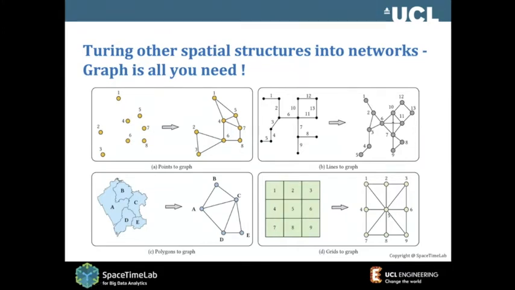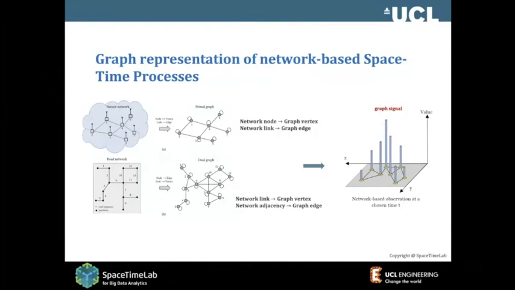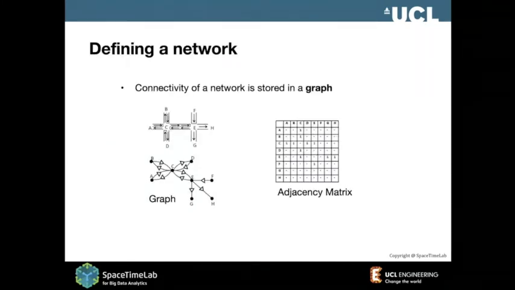So basically you can see everything can be represented using a graph, okay? So that's very easy. What is really behind that? We can basically turn a network into a graph. You all know this well. You can turn a road into a node, or you can turn the edge into a vertex in the graph. So you already know all about it.